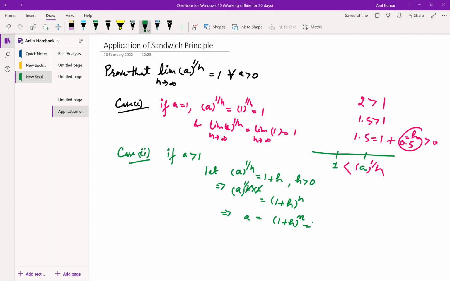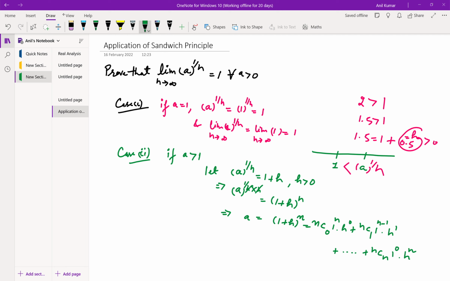nC0 1 raised to the power n into h^0 plus, binomial expansion, इसको आपने पढ़ा होगा 11th क्लास में, nC1 1 raised to the power n minus 1 into h raised to the power 1, plus and so on up till nCn 1 raised to the power 0 and h raised to the power n.